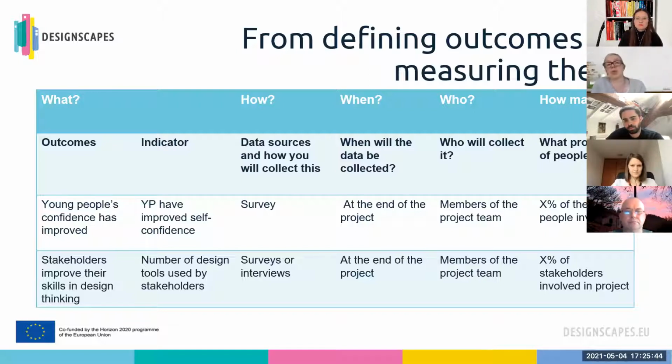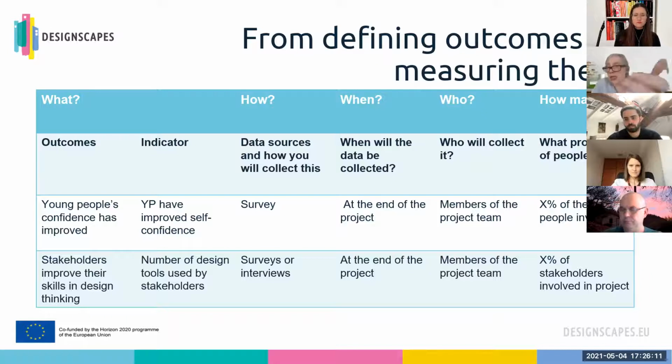Then we can think through what data sources would give us meaningful information to feed into this indicator. And we might choose a survey here, an online survey in our case, where the young people answer a few questions on the level of their confidence at the end of an activity.